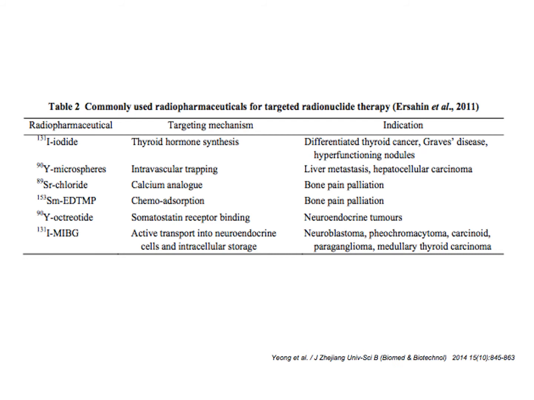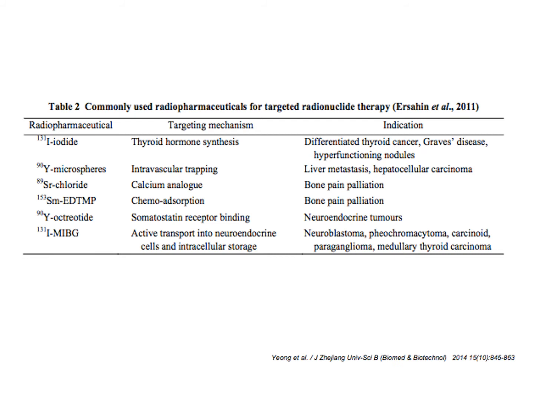And then we've got strontium-89 chloride, which is a calcium analog for bone pain palliation. We also have samarium-153 EDTMP, with chemoadsorption to the bone for bone pain palliation. And then yttrium-90 octreotide, based on somatostatin receptor binding for neuroendocrine tumors.